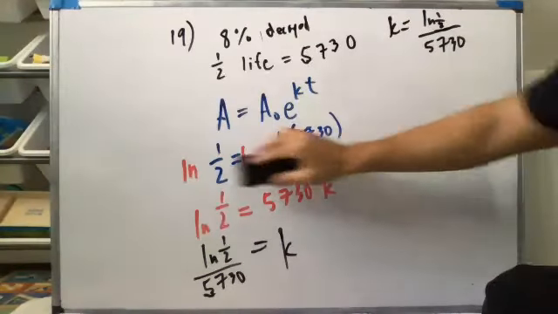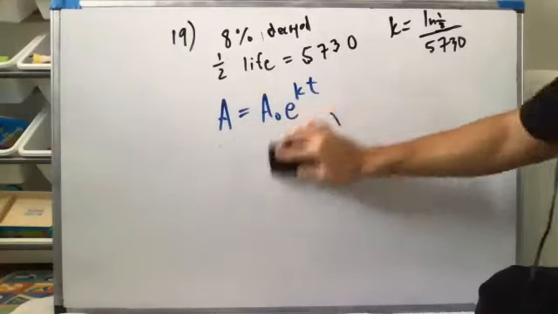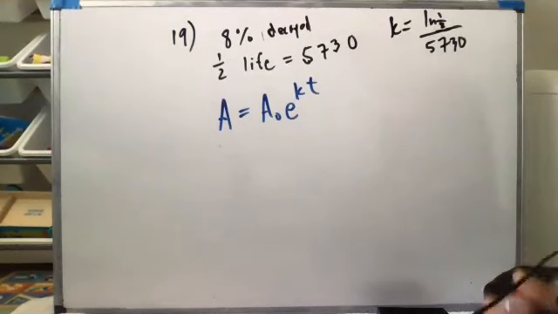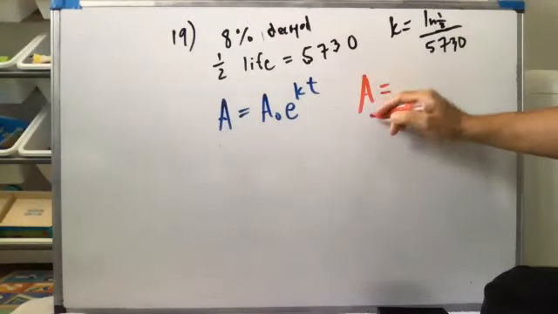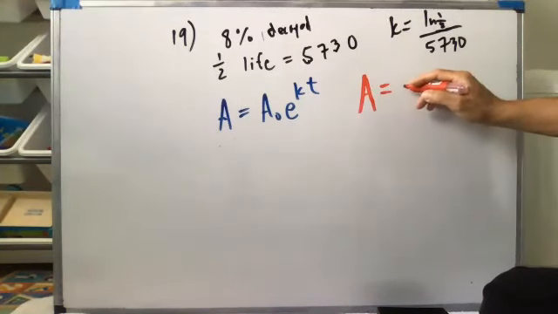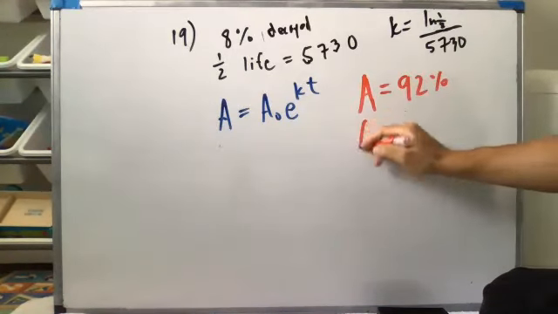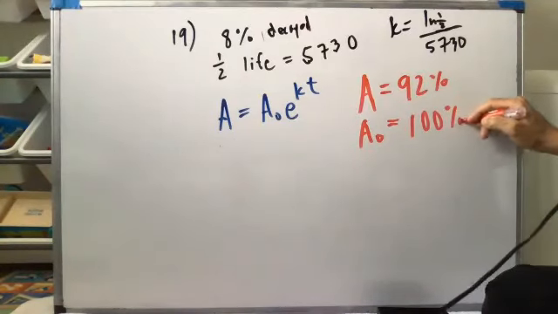Now I'm going to erase this and redo it with the parts that we know. A is my ending value. If 8% decayed, that means 92% remains. And A naught is the starting value, 100% of what you started with.